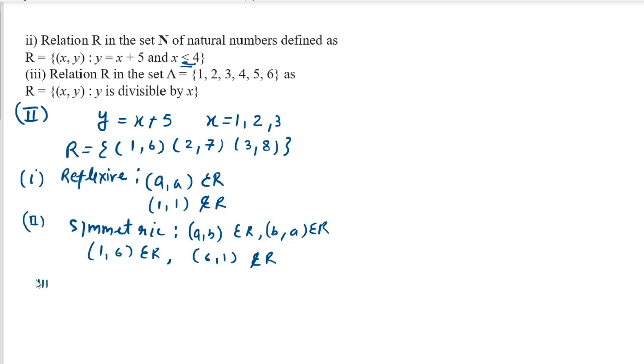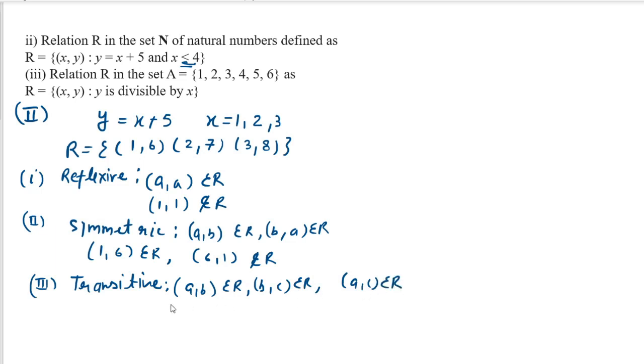For the third part, it is given here for the transitive. For the transitive, let me show you. I already told you that if a comma b belongs to R and b comma c also belongs to R, then if a comma c belongs to R, then this kind of relation is known as transitive.